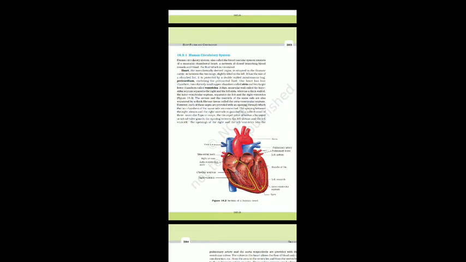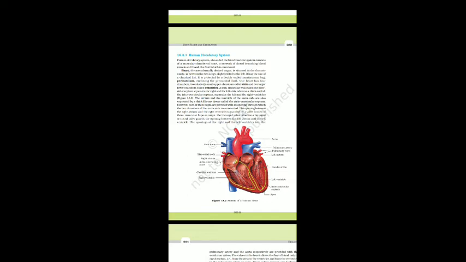A thin, muscular wall called the interatrial septum separates the right and the left atria, whereas a thick-walled interventricular septum separates the left and the right ventricles, figure 18.2. The atrium and the ventricle of the same side are also separated by a thick fibrous tissue called the atrioventricular septum.